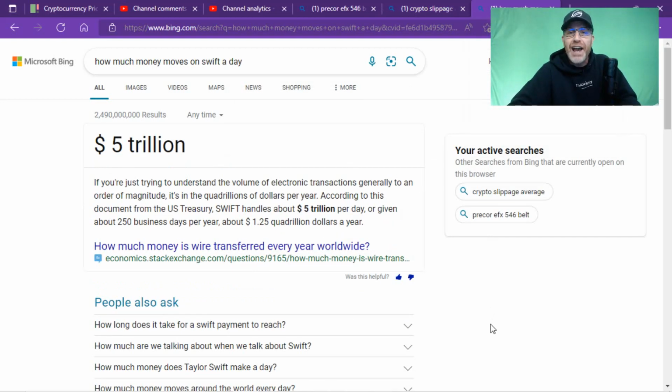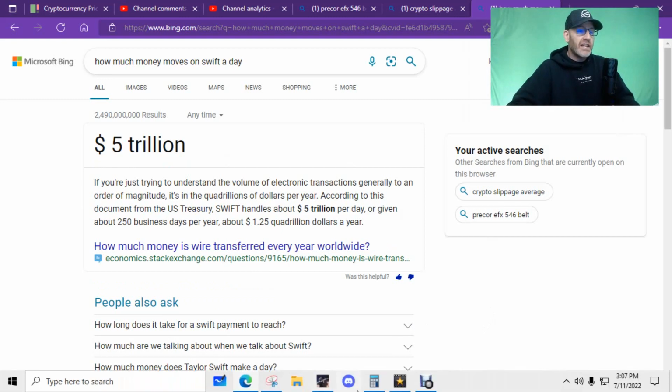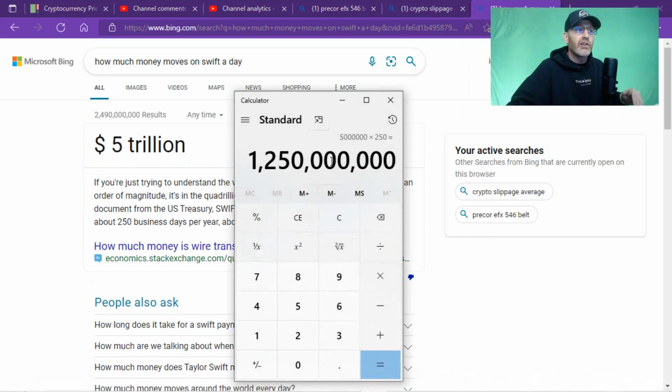It's actually 5 trillion, which means that for the calculations we were doing for yearly slippage, we now have to add 3 more zeros to that, which means every year we would have $1.25 trillion worth of slippage. Think about that. Yes, $1.25 trillion a year would be caused by the delta of slippage.